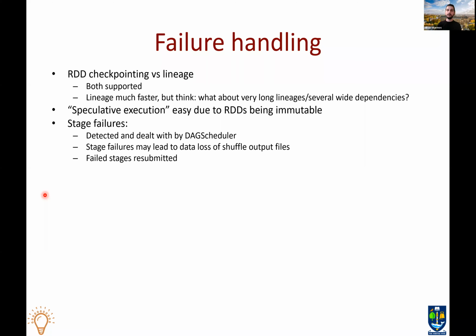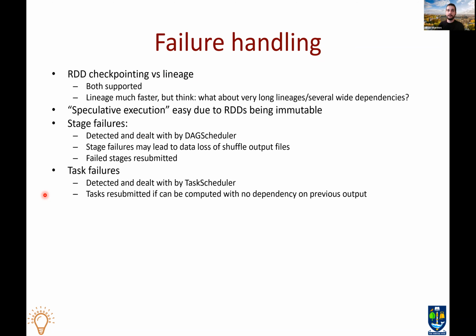Stage failure may lead to data loss or shuffle output files, and this means that I need to recompute all of that stage, possibly. So if a stage fails completely, I need to resubmit it, recompute it. I might be able to save some of that computation if I have data cached or whatever, but typically you would be recomputing the whole stage if it fails.